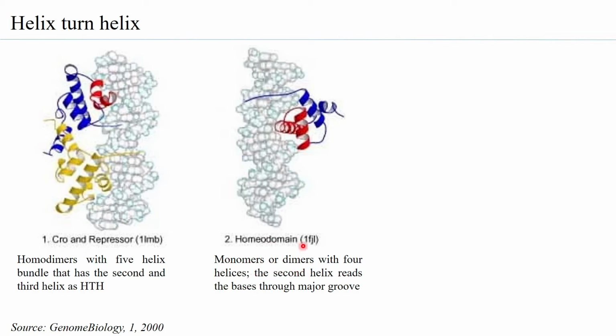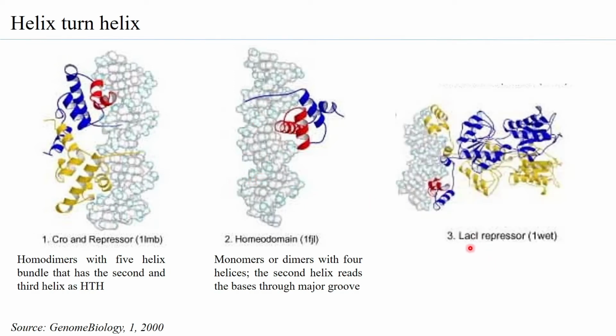The homeodomain family has 4 helices. Of the 4 helices, the second helix is the recognition helix, and the third helix is the one that binds to the sugar phosphate backbone. So the reading over here also is through the recognition helix, and that too of the nucleobases that are present in the major groove. So it's always that the reading of the specific bases is through the major groove itself, whether you have this family or you have this family.